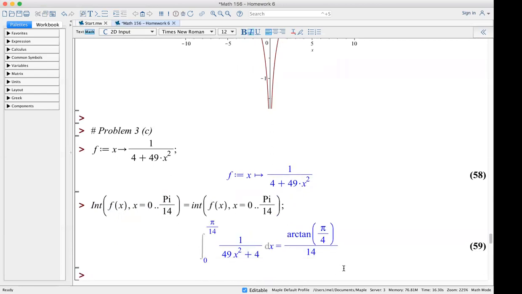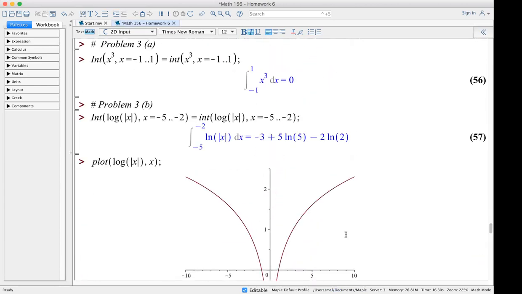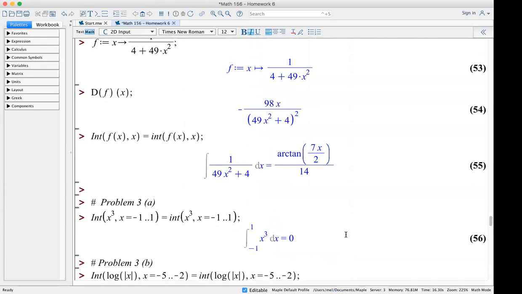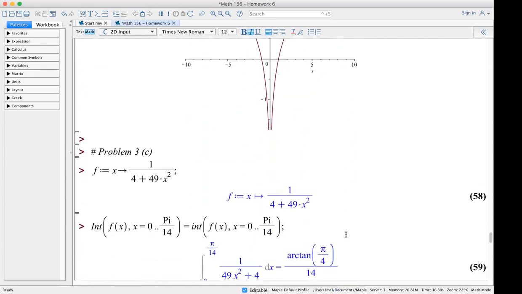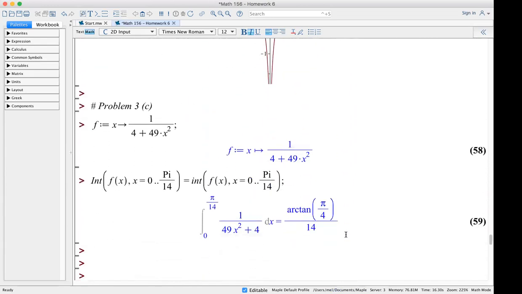So when this is evaluated numerically in the definite integral, this is what you get. Yep, that's what you get.